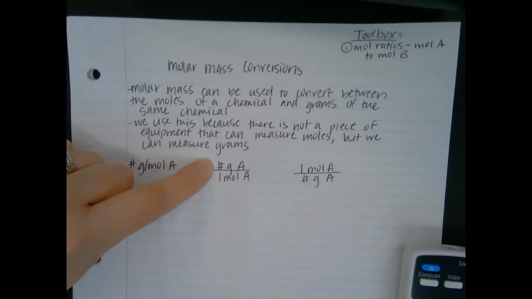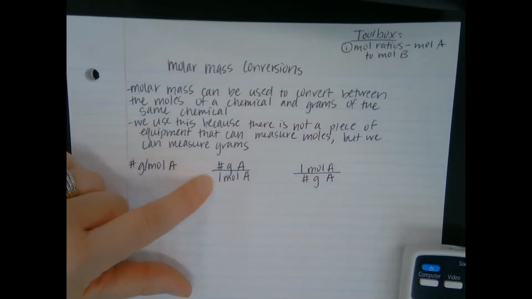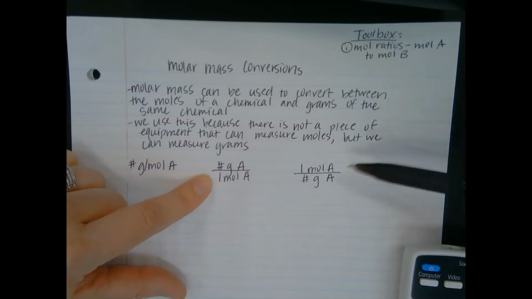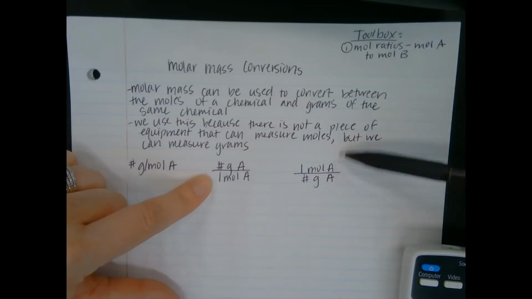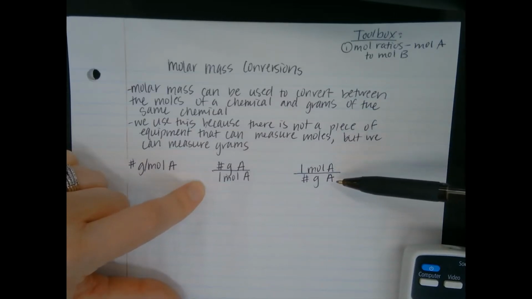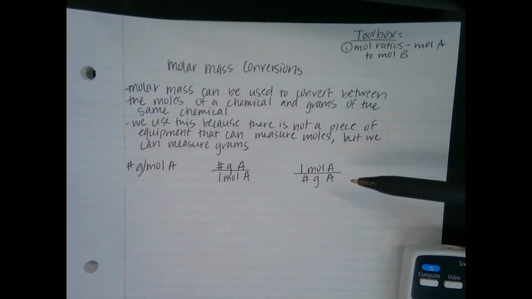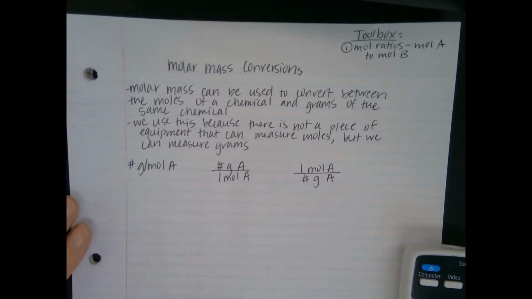It's just another ratio. Like saying 1 bicycle has 2 bicycle tires, and there are 2 bicycle tires for every 1 bicycle. It's a ratio. It's the same relationship. Okay?